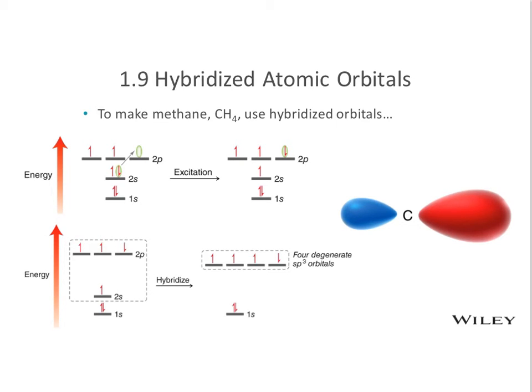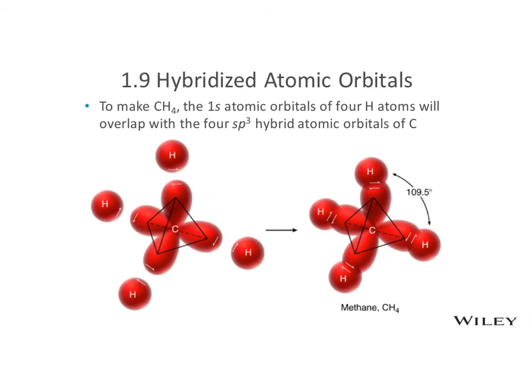All right, so now we have our sp3 hybrids, and they look kind of like asymmetric p orbitals, where one side is a little bit larger than the other side. And we can then take these sp3 orbitals and show how we get the molecular structure on the next slide. So here we have methane, the standard example of a molecule that contains 4 sp3 hybrids on carbon.